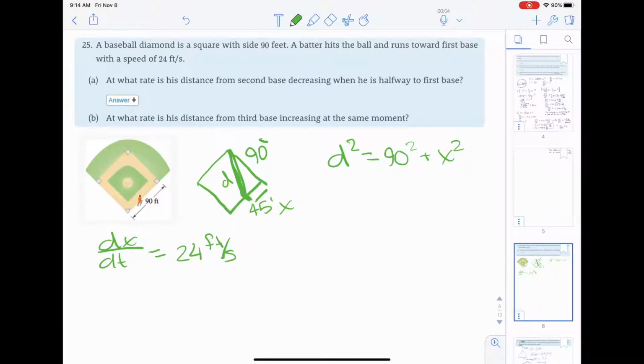And now we can take the derivative with respect to time of both sides to get 2D times dD over dt is equal to 2X dx over dt.